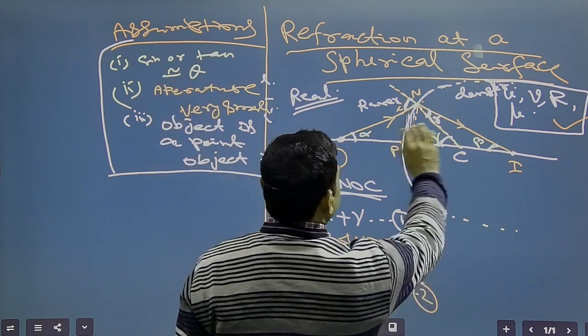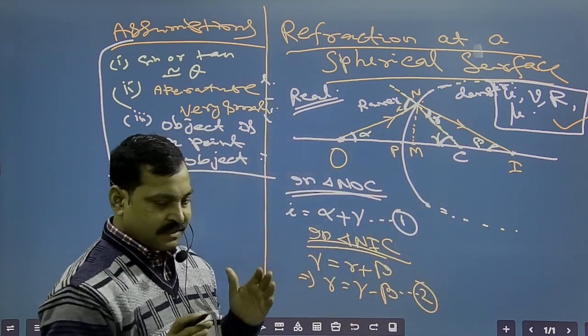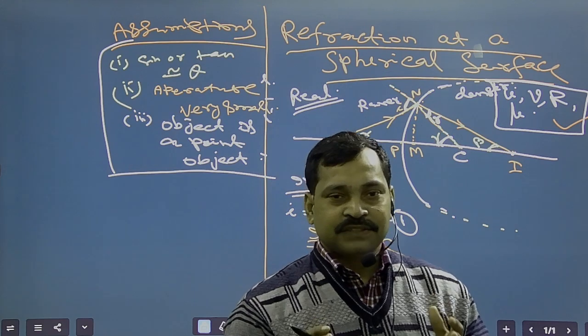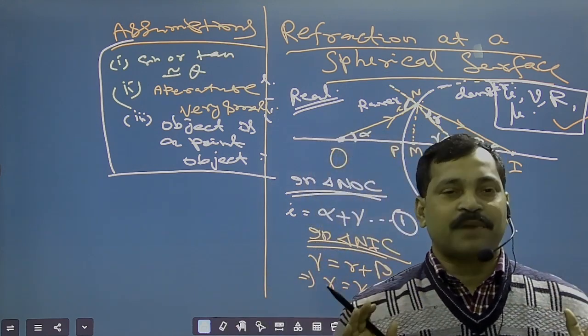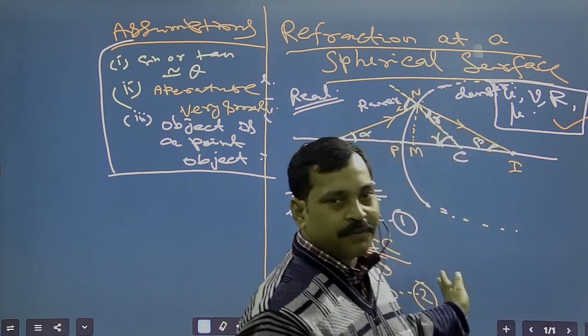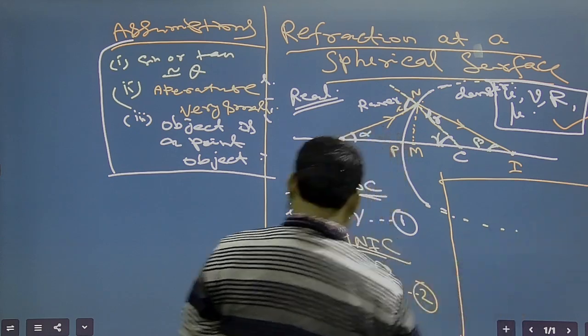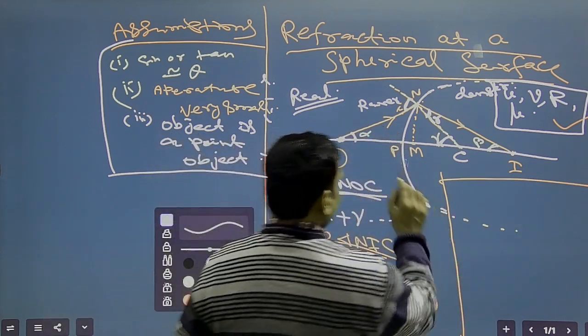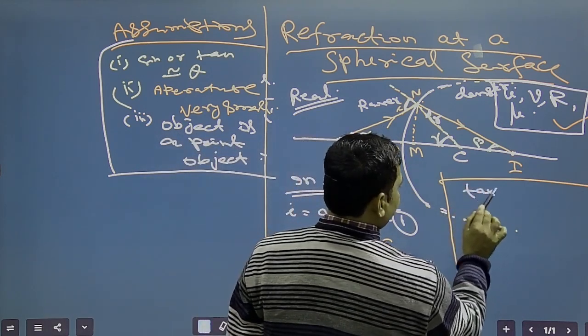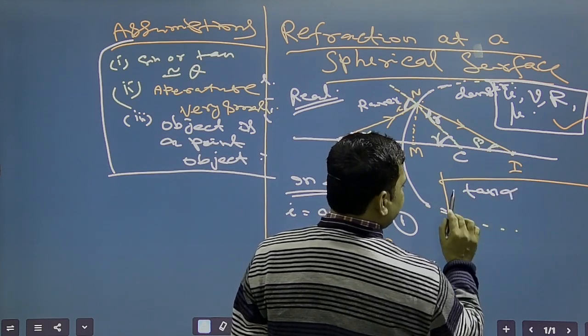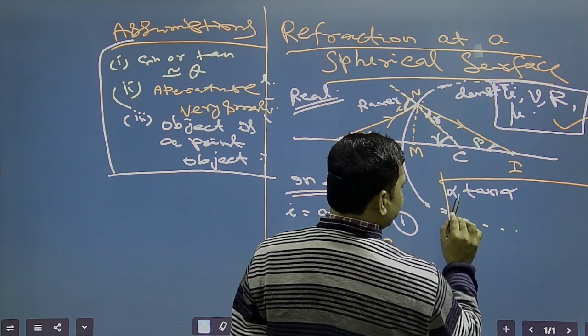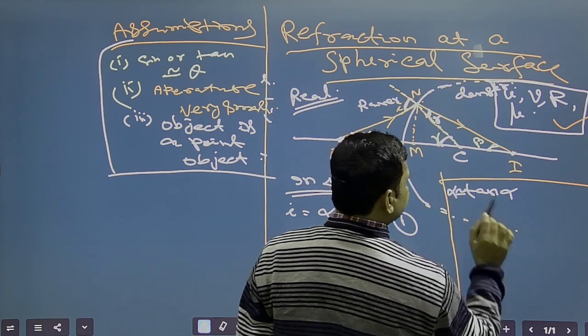So I can take the tangent of all the angles to evaluate the value of alpha, beta, gamma, which we will be using in our derivations. So first, what will be your tan alpha? As per our assumption, this alpha can be considered as equal to tan alpha.